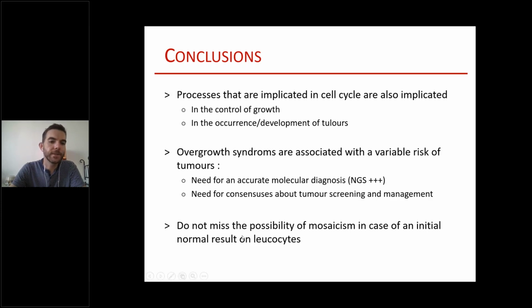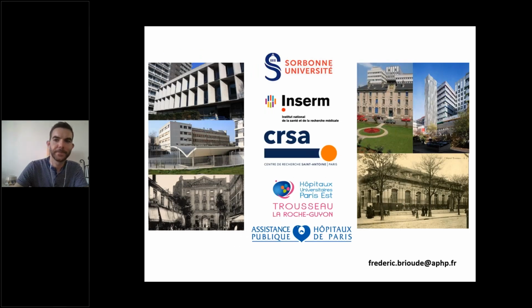And there is also a need for consensus about tumor screening and management of these patients with rare disorders. Finally, I will insist on the fact that you should consider the possibility of mosaicism in case of an initial normal result on leukocytes, and then consider molecular testing on an alternative tissue. And I thank you for your attention.